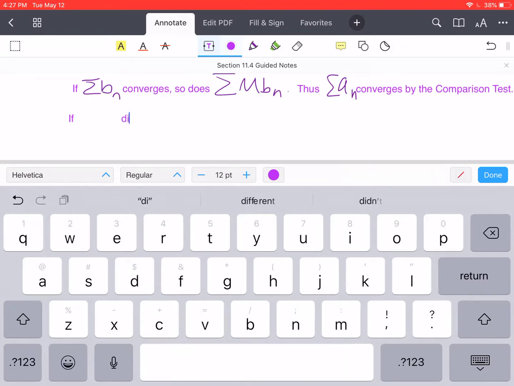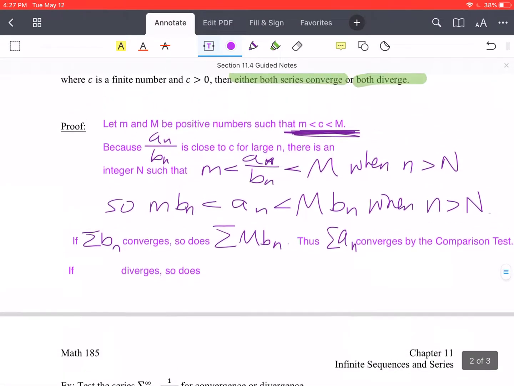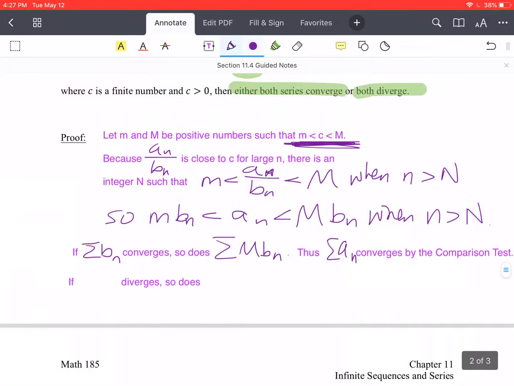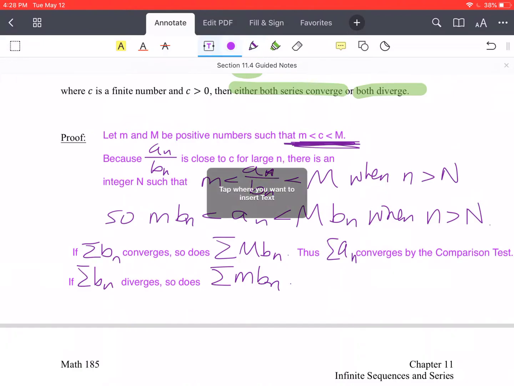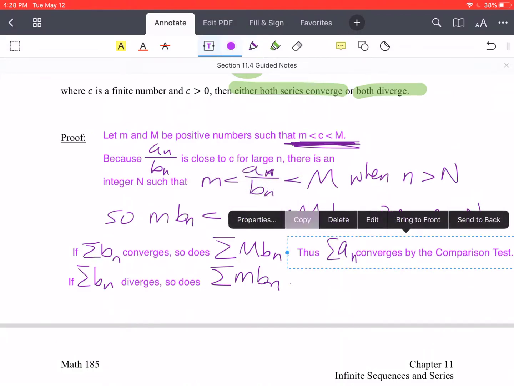If B diverges, so does the series with little m times b. So if B diverges, so does little m times b.